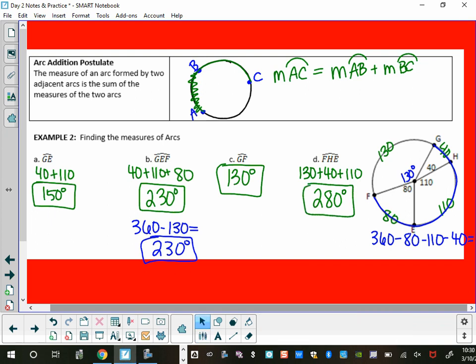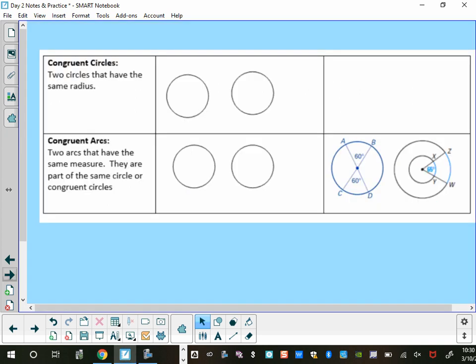All right, any questions here on how to measure the arcs based on our angles? All right, one more page of notes. Turn the page to page 6. We have more vocab. Congruent circles are two circles that have the same radius.